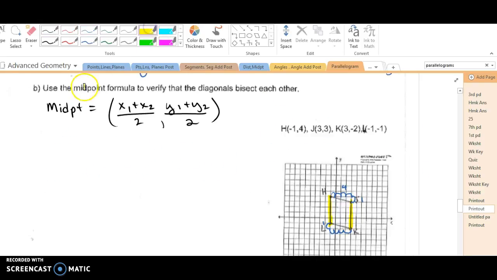Alright, and then in this last one, you're supposed to use the midpoint formula to verify that the diagonals bisect each other. So if I were to draw my diagonals on here, they would go from L to J and H to K, and we want to know for sure that they have the same midpoint, because if they have the same midpoint, they're cutting each other into equal pieces. So we're going to do the midpoint formula for HK.